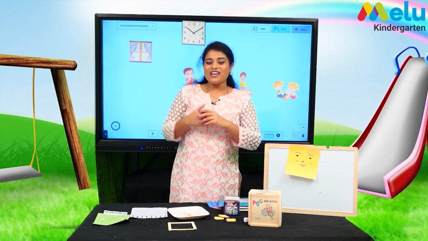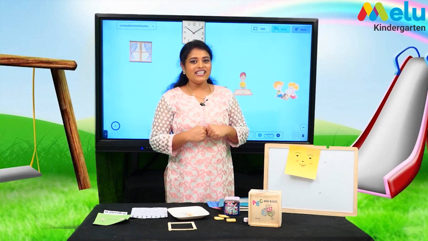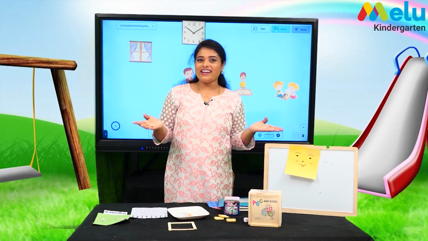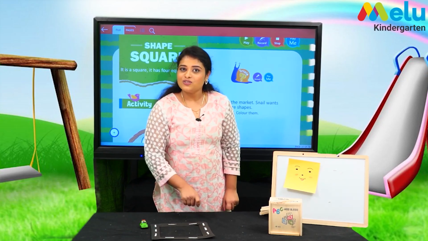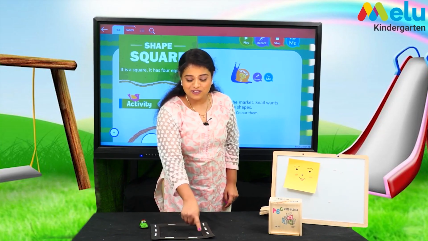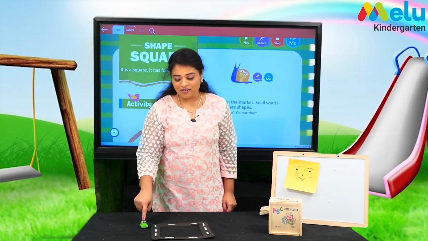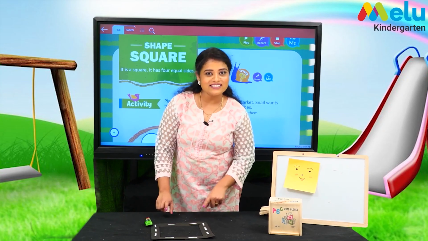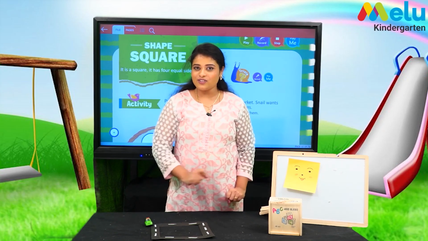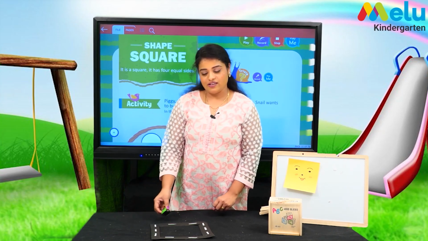Hey! So, we have learned to sing a song on square. Yes, children? So, let's practice tracing the shape square. So, children, this is a square. And here I have a toy car for you. So, we will trace the shape square using the toy car. Let's start. Yes, children?